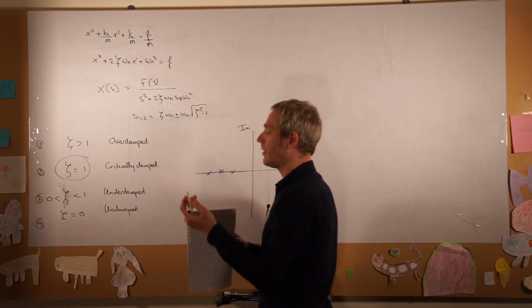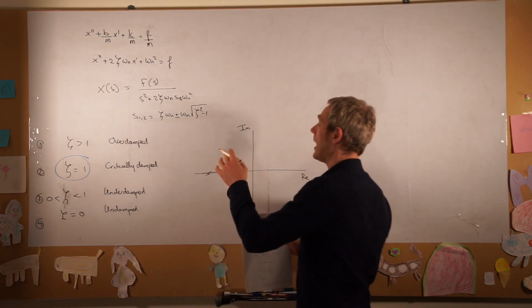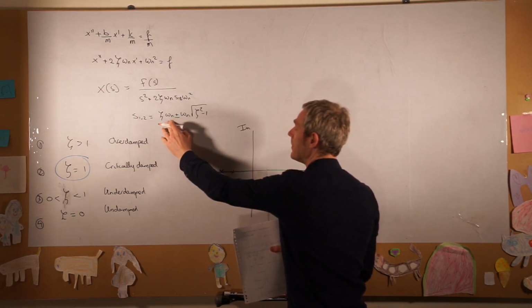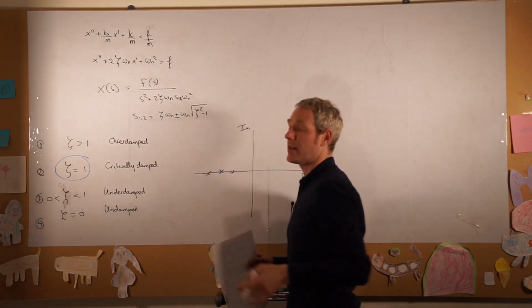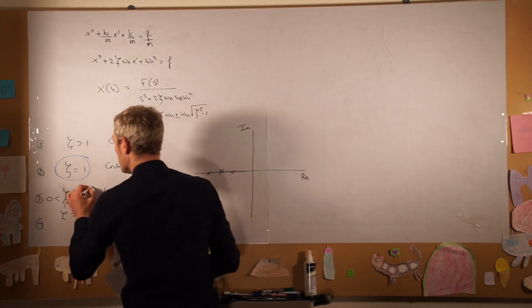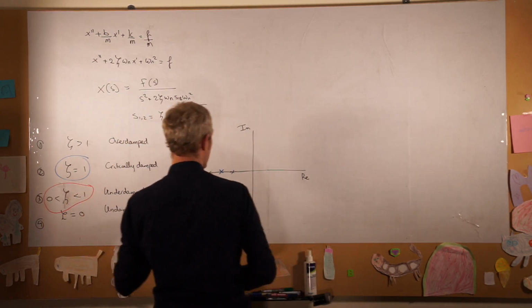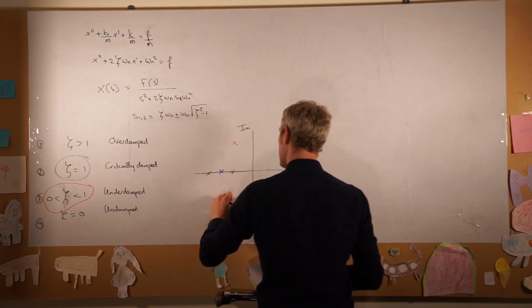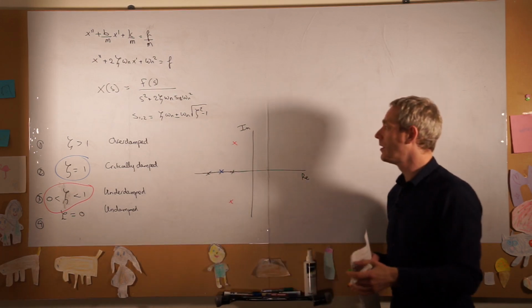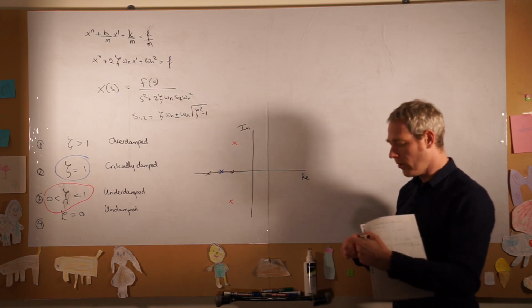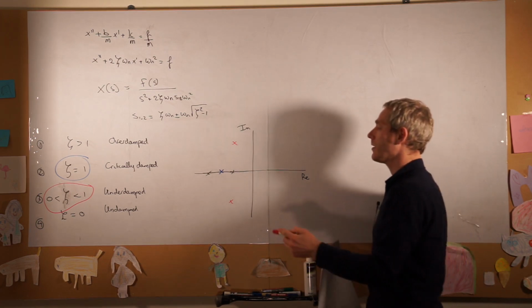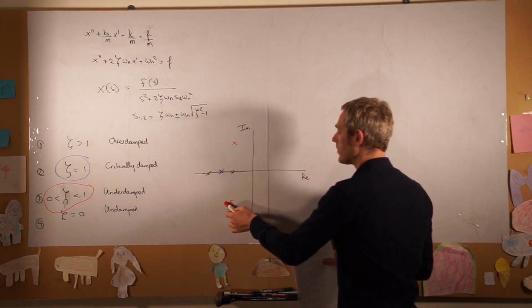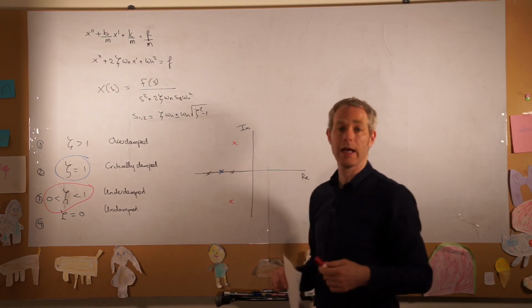If we have an underdamped system, we'll have roots which will have a real part and an imaginary part, which I will draw in red, and they will be here. Now, if we have two complex roots, they'll always be complex conjugates of each other, which means they'll be symmetrical around the real axis.